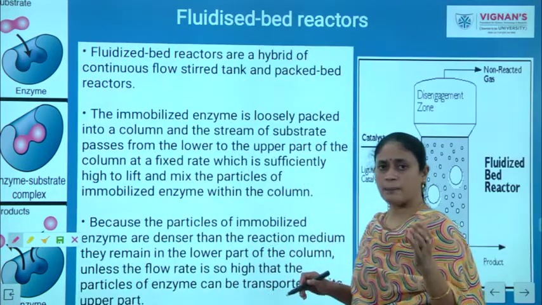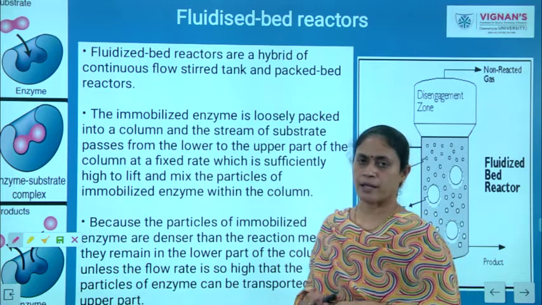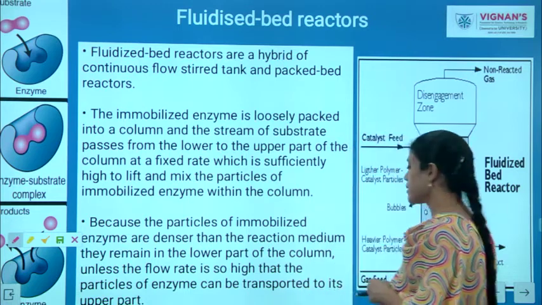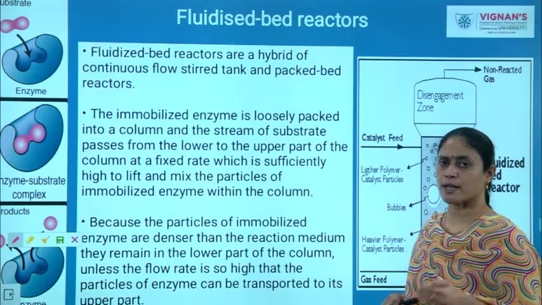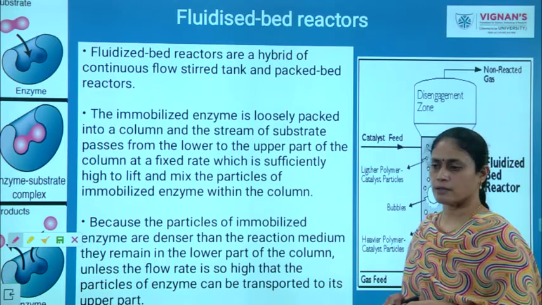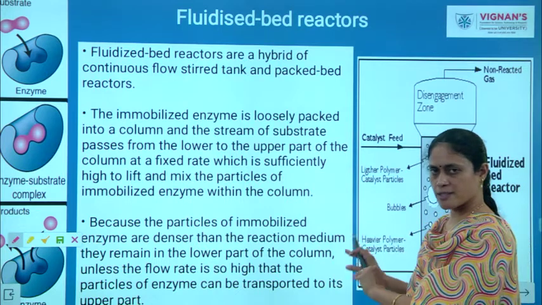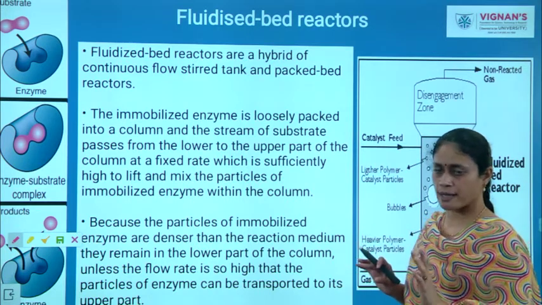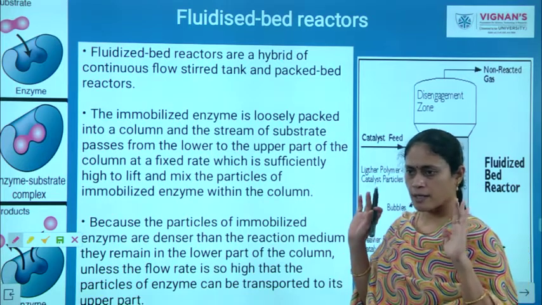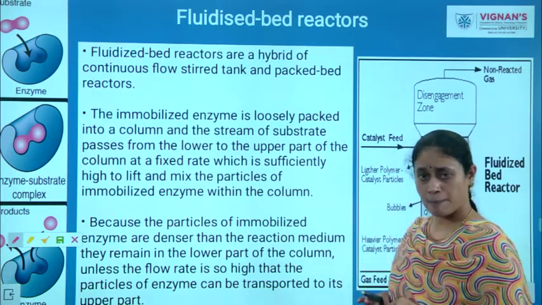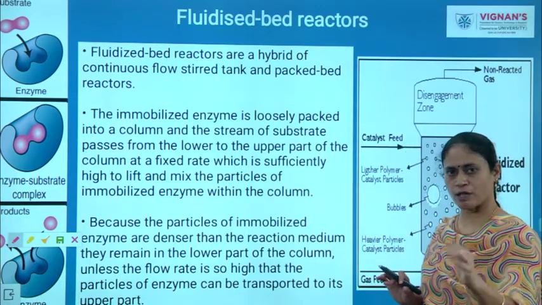And now coming to the fluidized bed reactor. There is a prominent, distinct difference between the packed bed and the fluidized bed reactor. In both cases, in the present session, we have considered the immobilized enzyme. In the packed bed reactor, the immobilized enzyme is immobilized to a support. It is in stationary form.